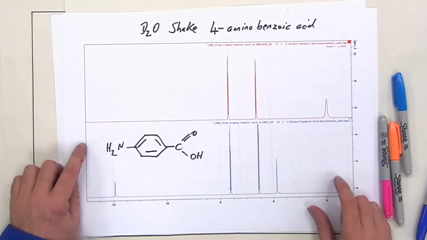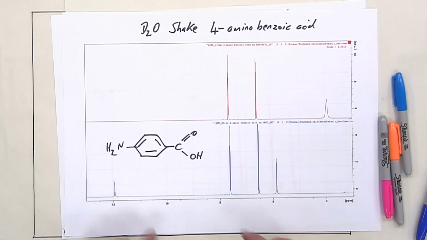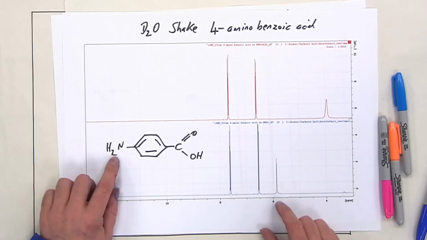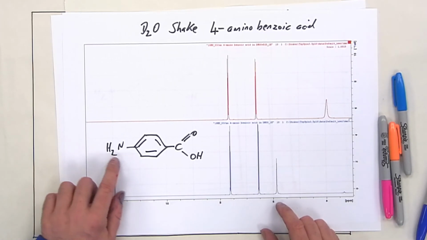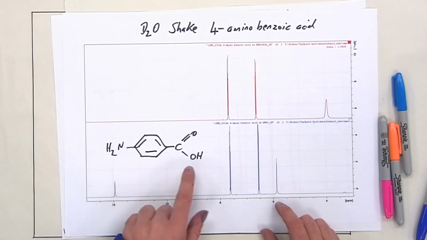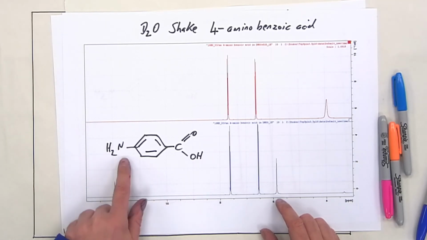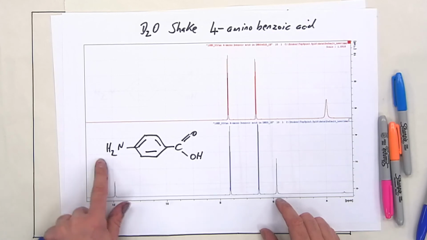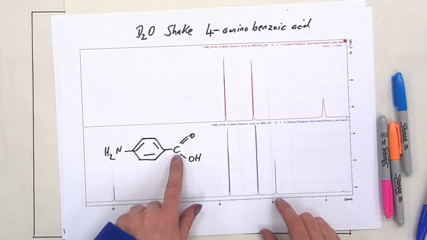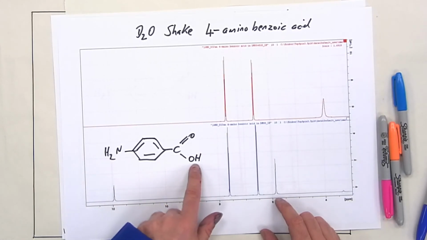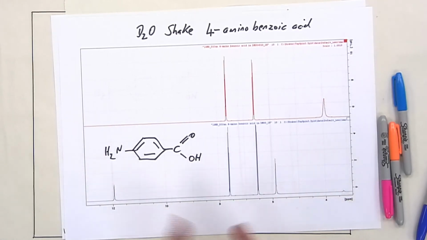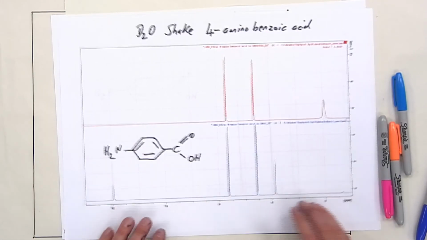What's happened here is that the deuteriums in the D2O have exchanged with the protons in both the NH2 and the carboxylic acid group. So this is no longer NH2, it's actually ND2, so we don't see it. This is no longer OH, it's OD, so we don't see it. So we don't see signals due to these exchangeable protons.